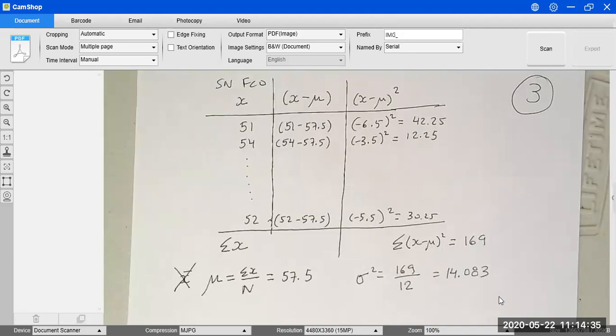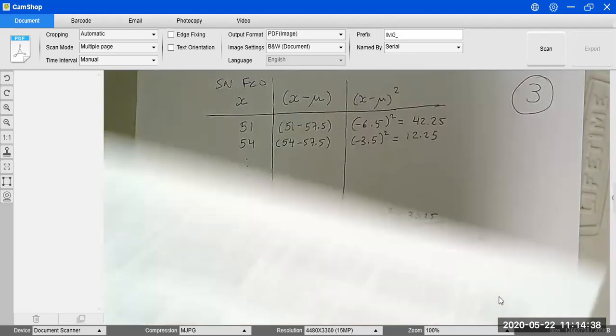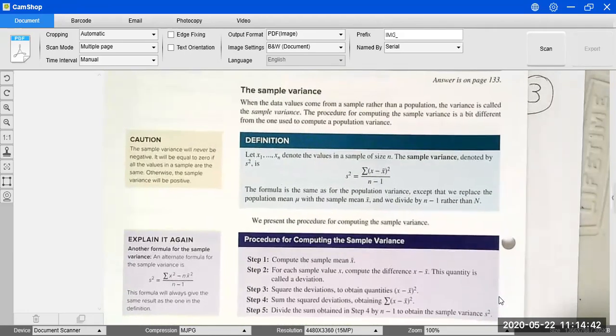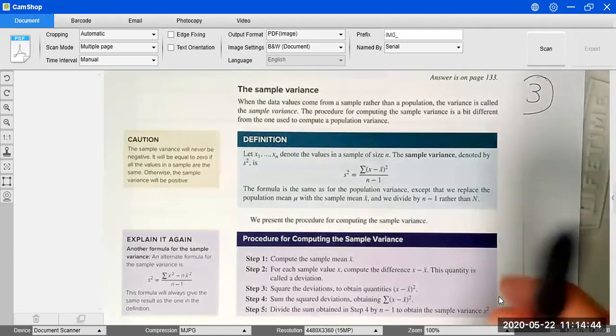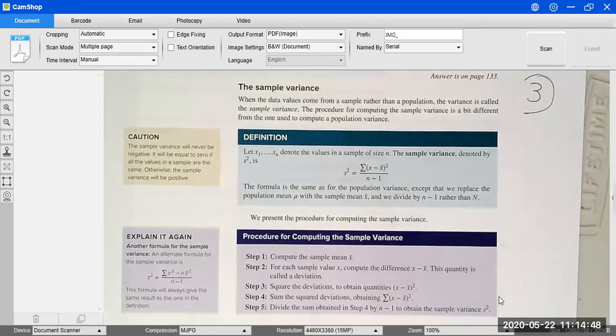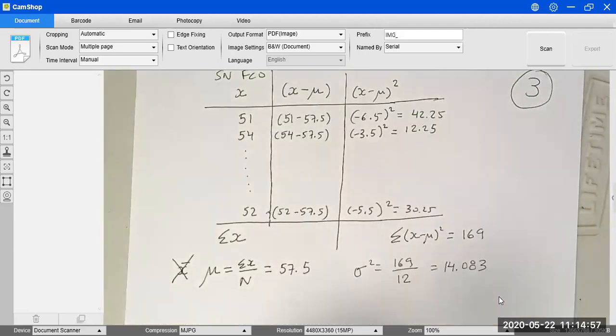Now we're gonna compute the sample variance. We computed the population variance. Now we're gonna compute the sample variance. The formula is the same as the one that I gave you before, but now it's indicated that this is a sample. So let's work example 3.13.